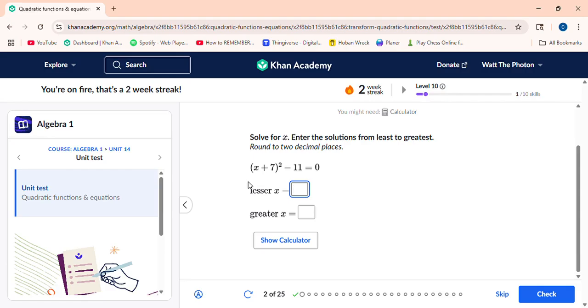So if we get x squared plus 14x plus 38.